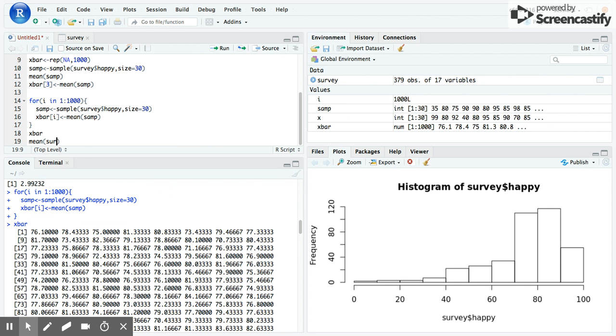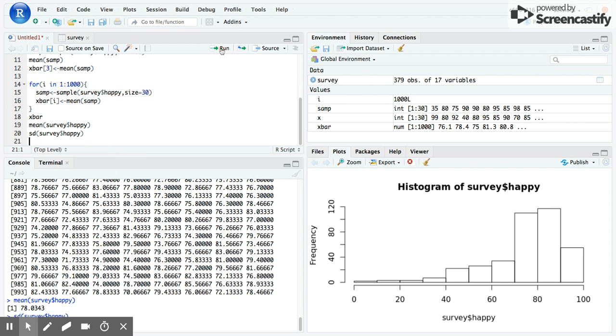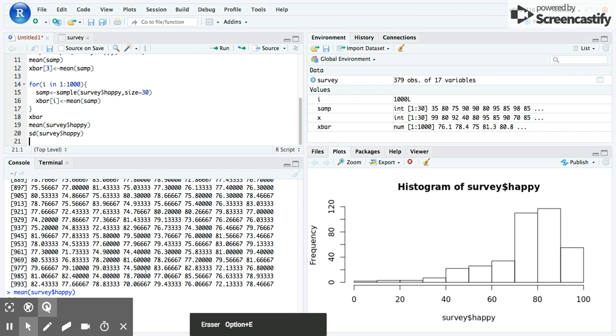Mean survey happy. So the mean of happy is 78.03. Standard deviation of happy, the whole population, everybody, was 16.31.